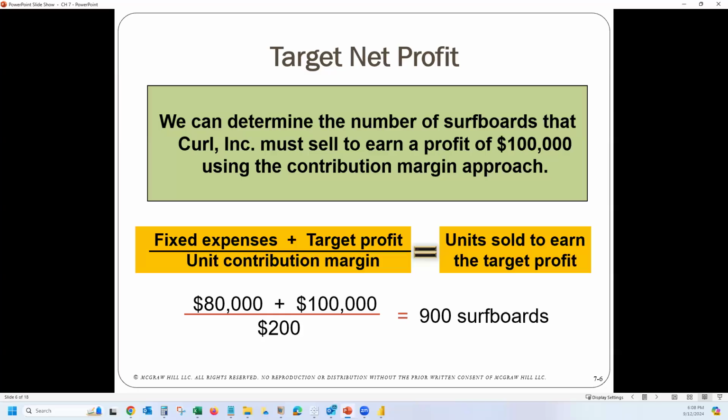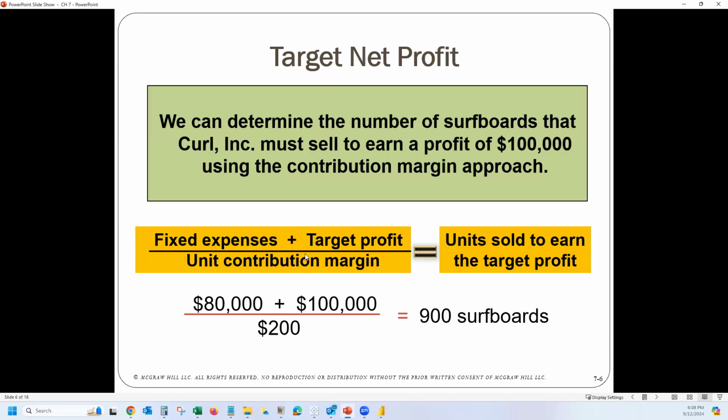In this example here, we know the fixed cost to be $80,000, and we know that the company wishes to make a profit of $100,000. Perhaps that is what they promise their shareholders. And then the contribution margin, we know what that is, given the calculation we did earlier, contribution margin per unit.